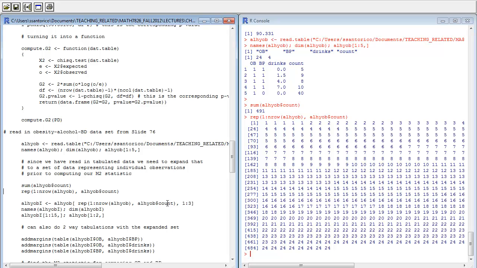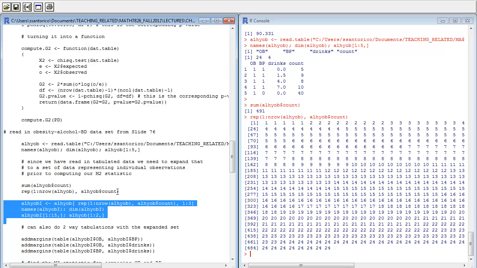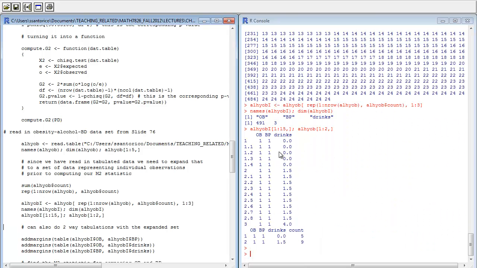So I'm going through and repeating 1. I'm repeating it corresponding to how many actual counts there were for the first row. I'm repeating 2, the number of counts that corresponded to the second row, and so on. And what that allows me to do is to actually expand. And so I expanded my data set to where I had individual observations.